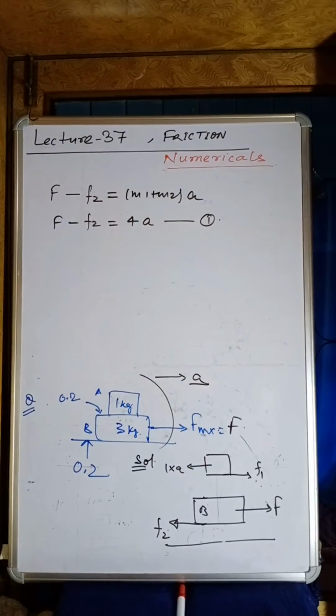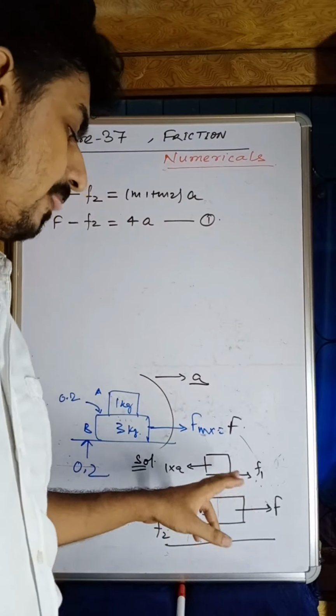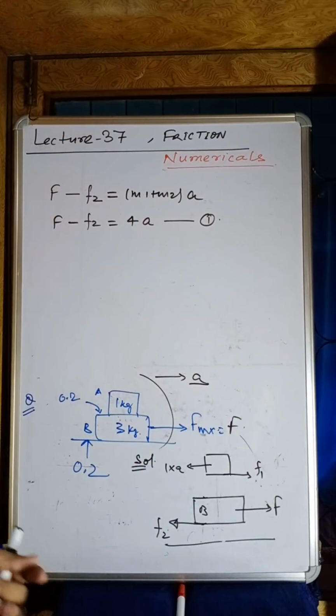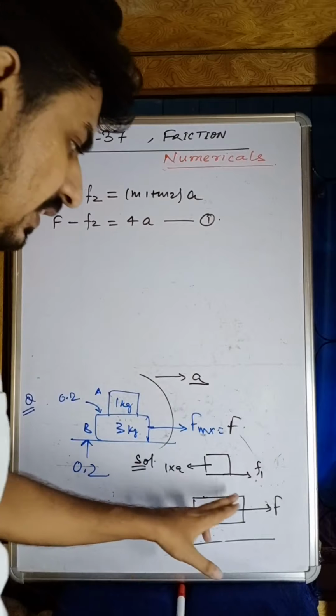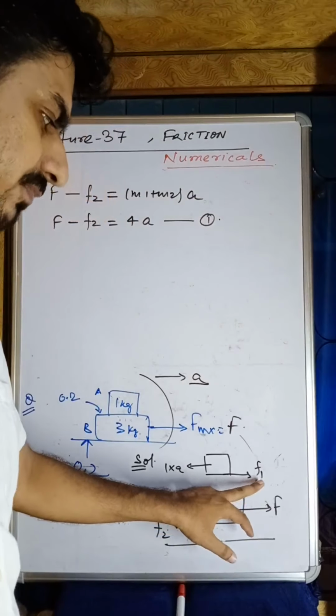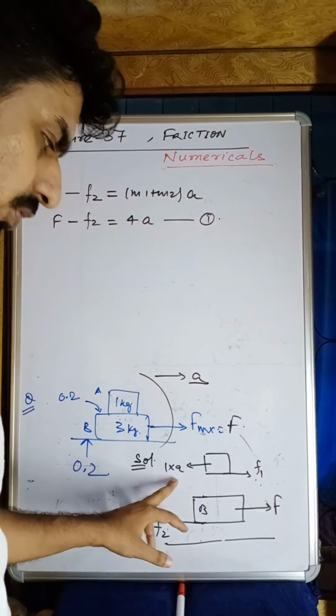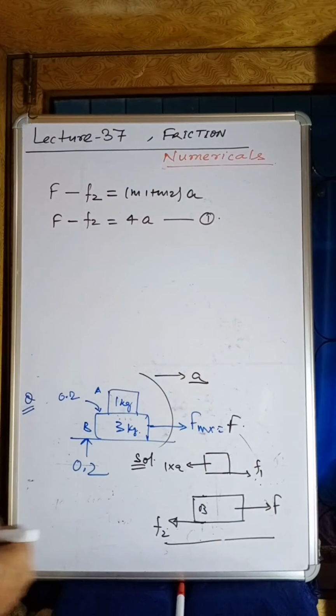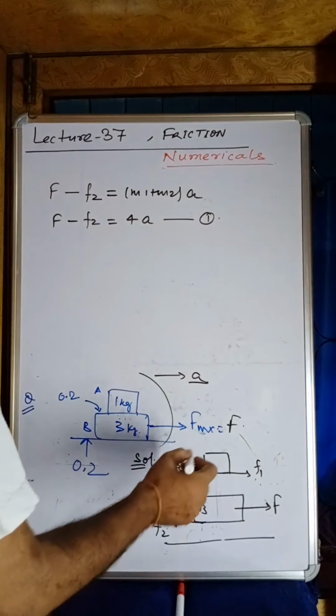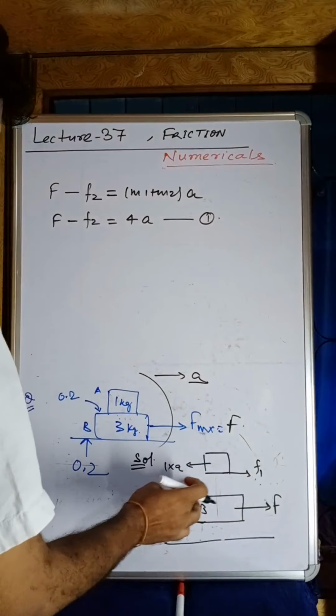Now, what should be the condition of motion of A over this B? Of course, if the frictional force applied here is smaller than the pseudo force, it will move. So, for the condition to be in a static state, these two should be equal.